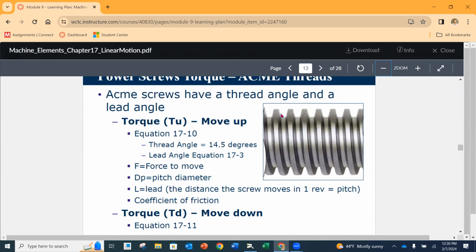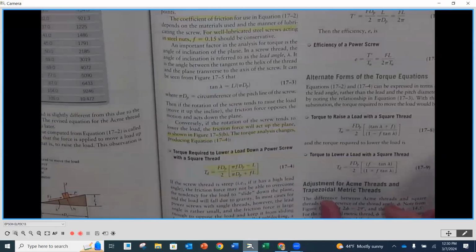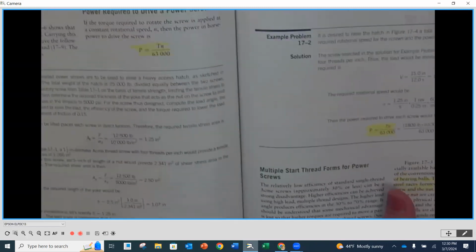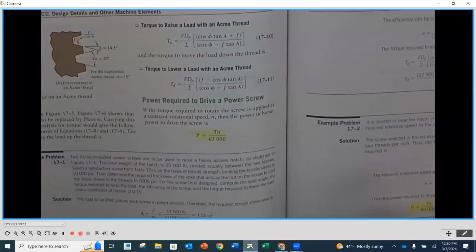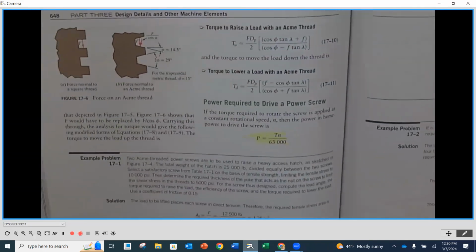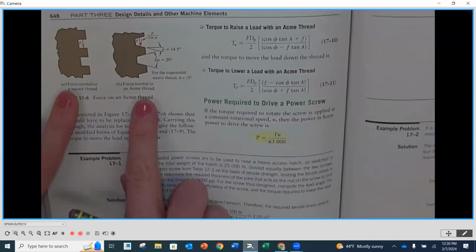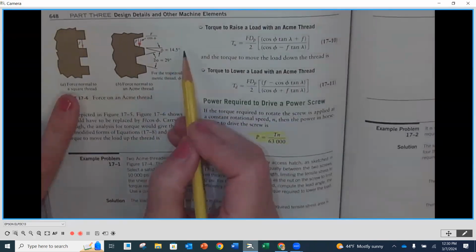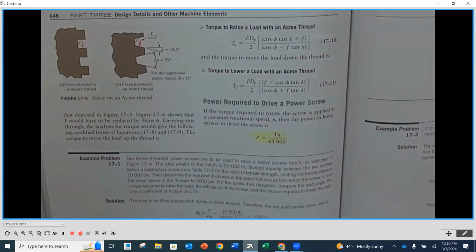We'll see in just a bit, because of the V that forms on our Acme thread, as opposed to straight up and down sides like the square ones. If I turn my page, you'll notice two more equations at the top, specific to Acme threads. On the right-hand side, they compare the two thread forms so you can see the difference. This one has the 14.5 in there because of those angled sides.